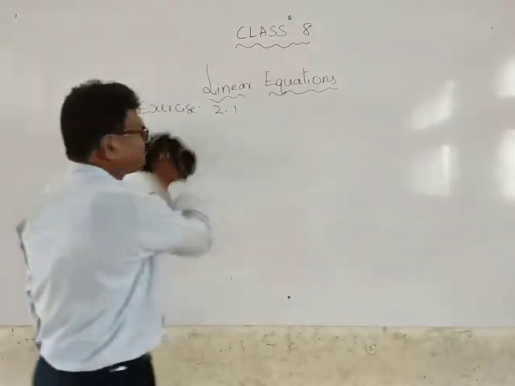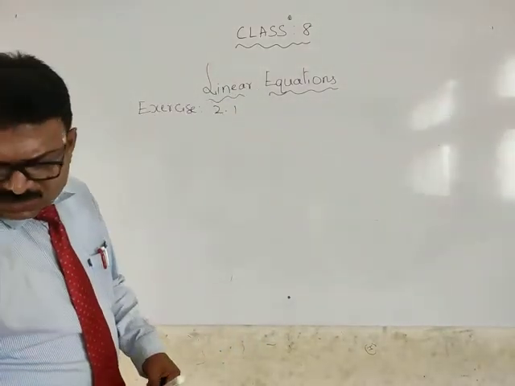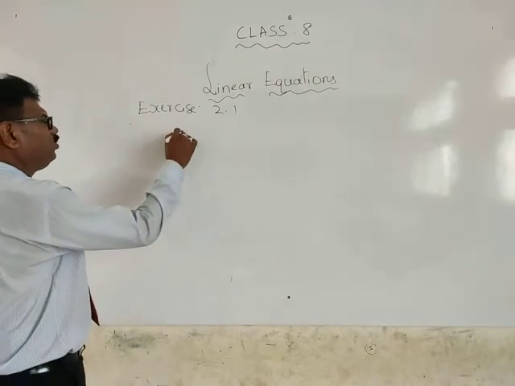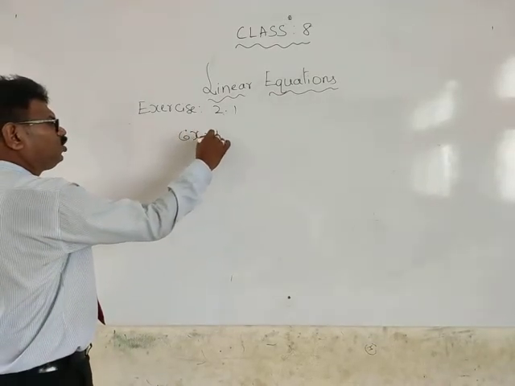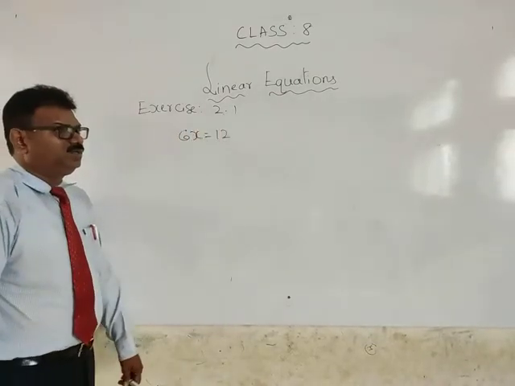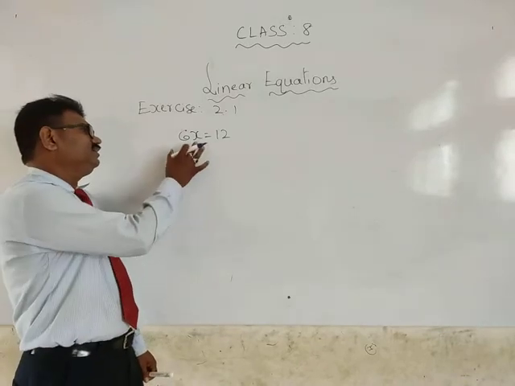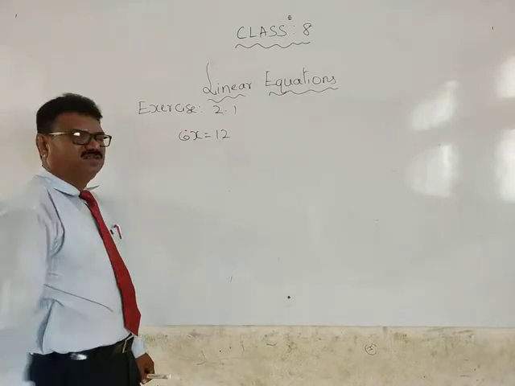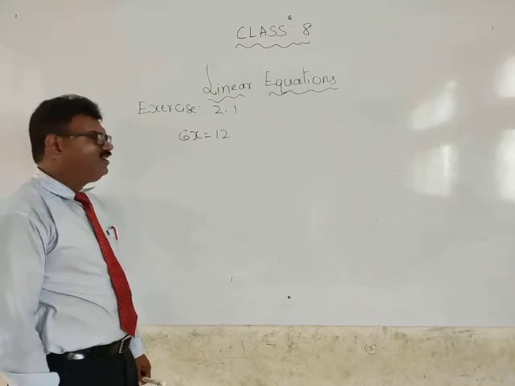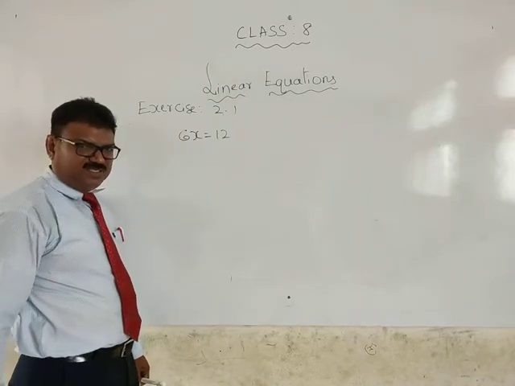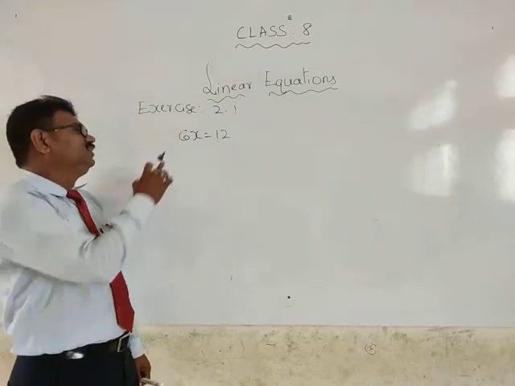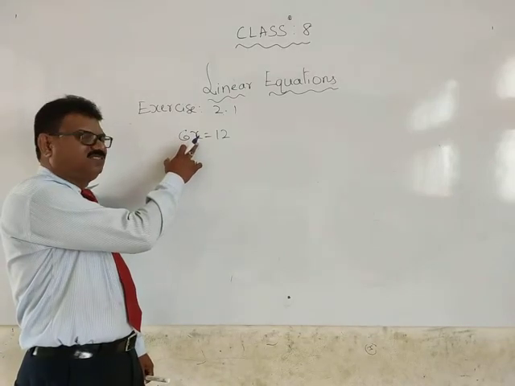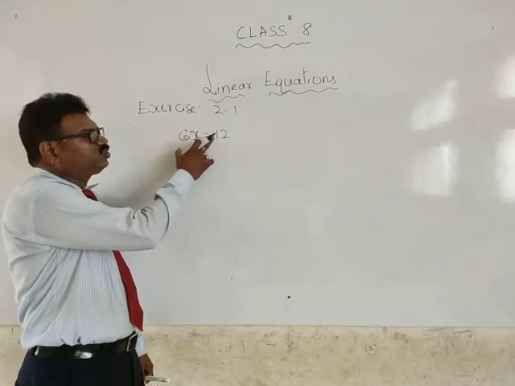Next problem: 6x is equal to 12. So students will not be confused, you can take an example like this. The cost of 6 pens, x being the cost of a pen, is 12.